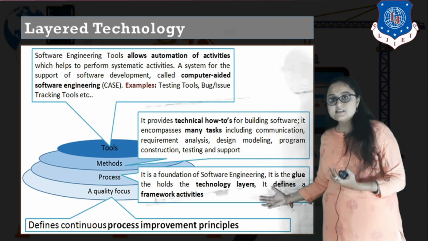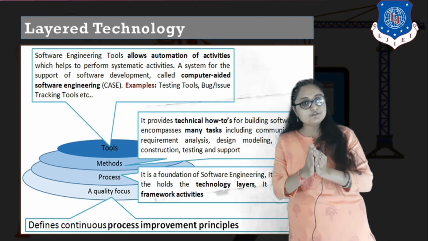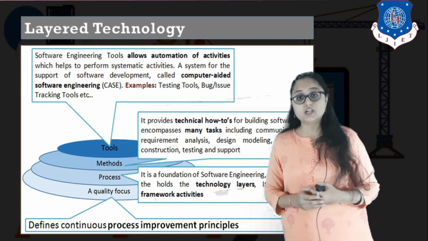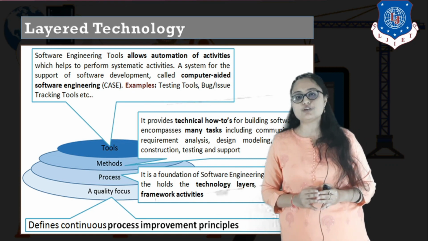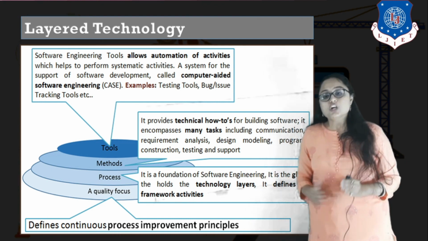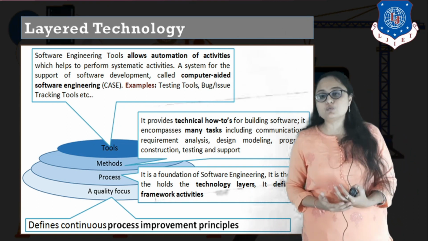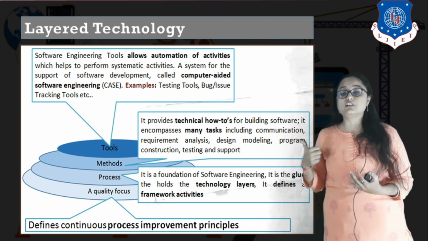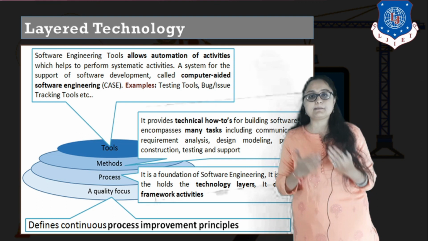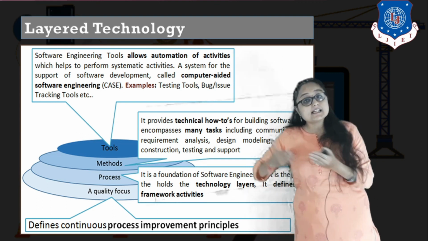You can say the base layer of software engineering is quality focus. Whenever you are talking about applying software engineering to any software, the sole purpose is to provide quality software to the customer. So basically, you are defining a continuous process improvement principle by applying software quality assurance methodologies, like the capability maturity model, ISO 9000 standards, or Six Sigma standards.